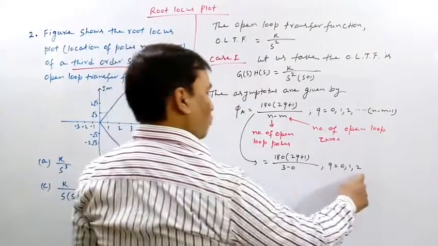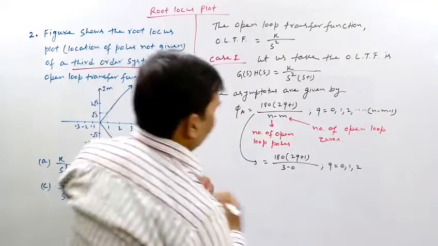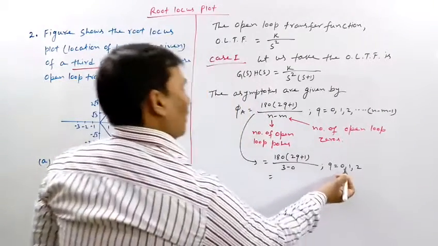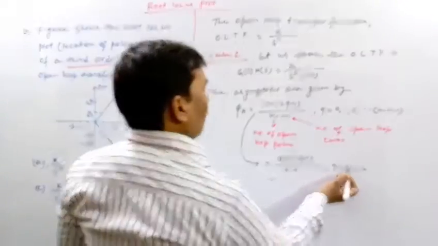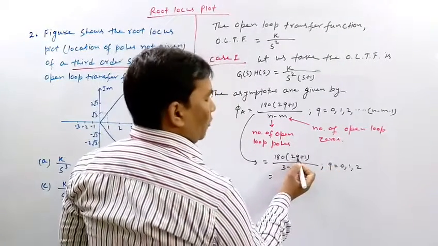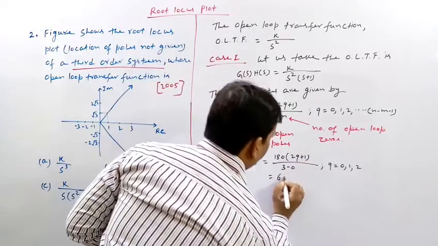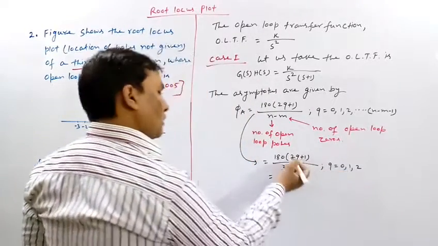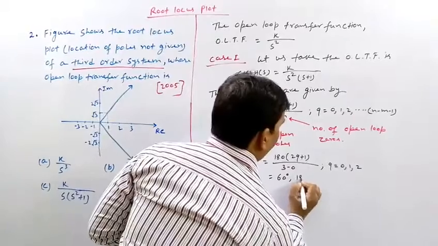Now if we put the value of q as 0, it will come 60 degree. If we put the value of q as 1, then it will come 180 degree.